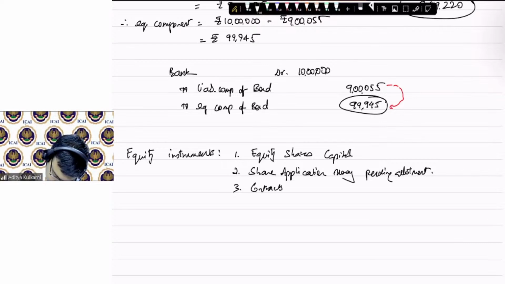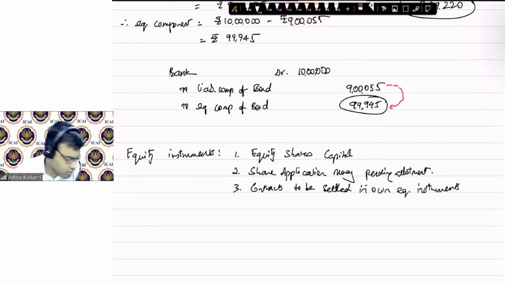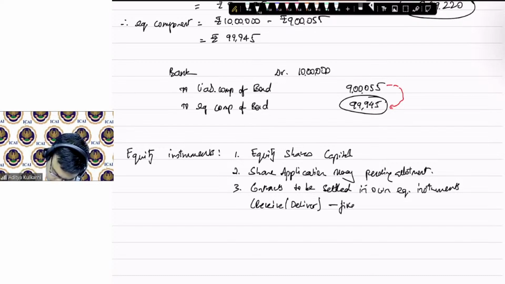Contracts to be settled in own equity instruments, receive or deliver, both are included, provided they pass the fixed for fixed test.